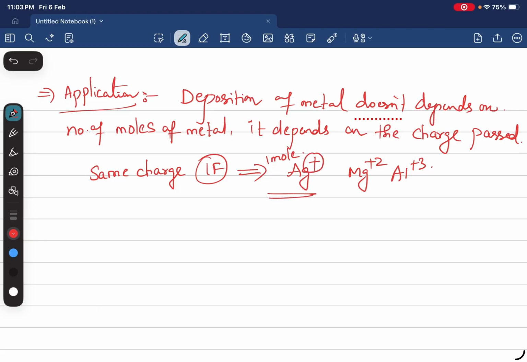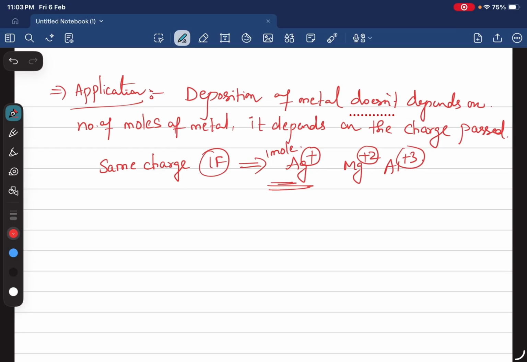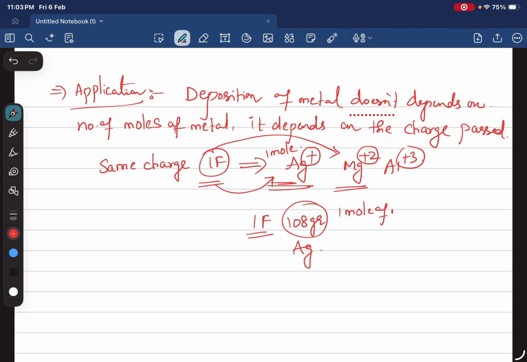Whatever the charge or oxidation state of the metal is, that is most important. To deposit 1 mole of Ag plus, 1 Faraday is required. That means when we pass 1 Faraday to Ag plus, 108 grams of Ag will be deposited. Same 1 Faraday through Mg2 plus: to deposit 1 mole of Mg2 plus, how many Faradays are required? Since the charge is 2, 2 Faradays are required.